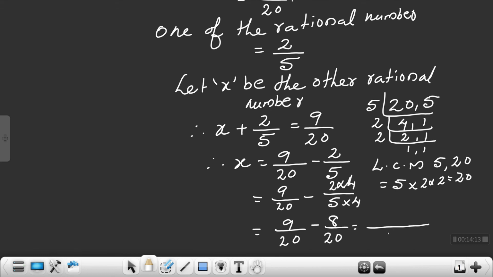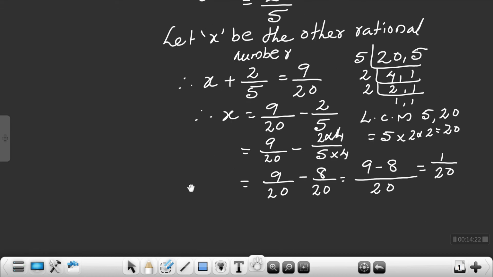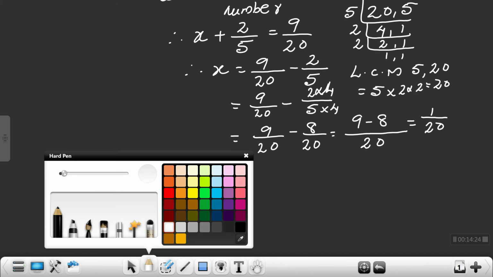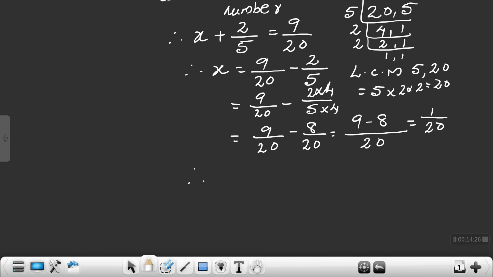Common denominator 20, 9 minus 8 is equal to 1 by 20. Therefore, the other rational number is equal to 1 by 20.